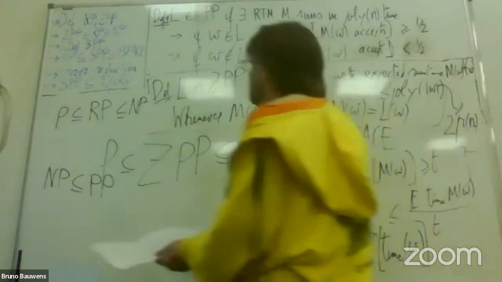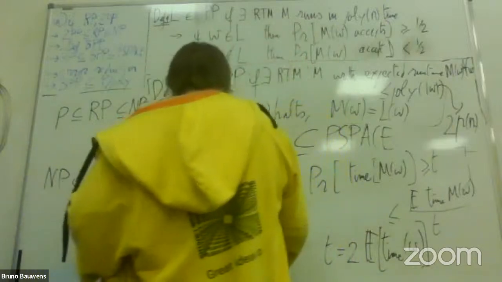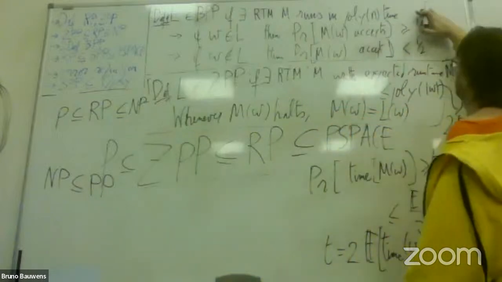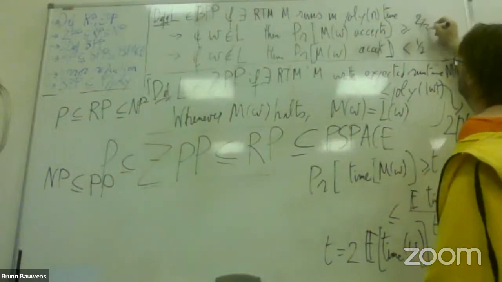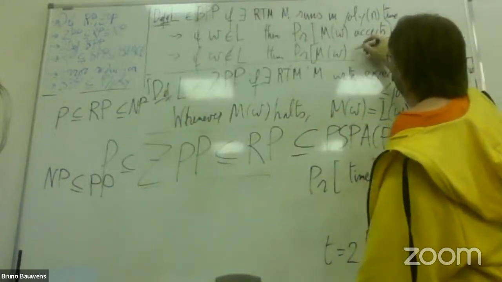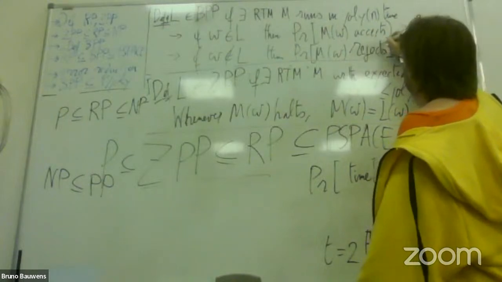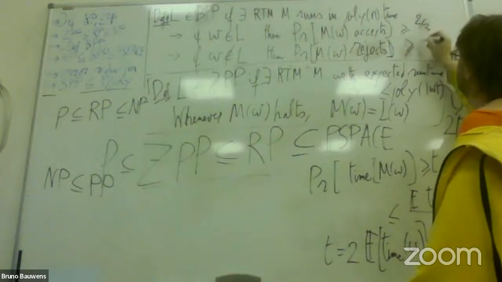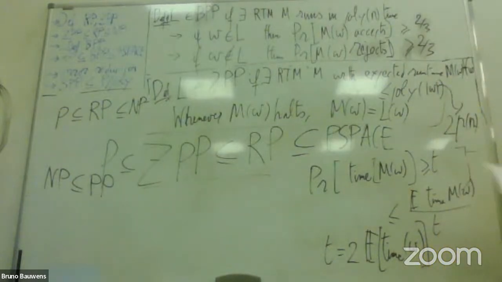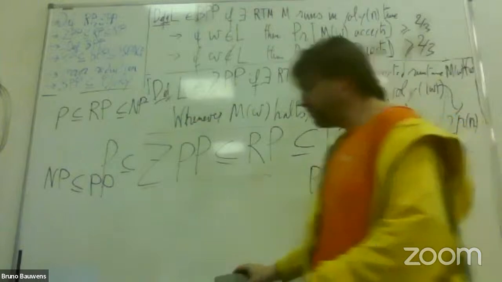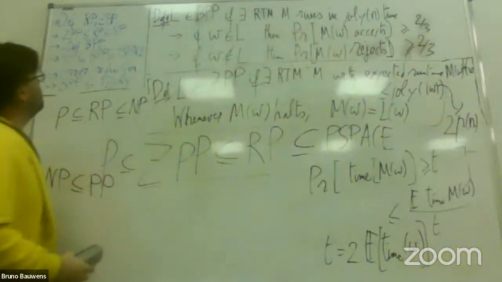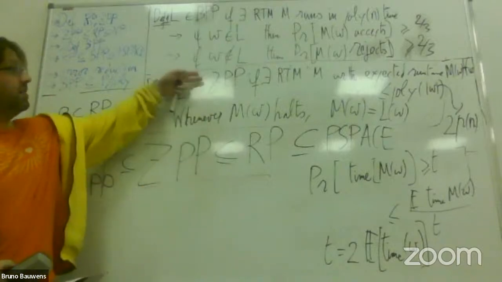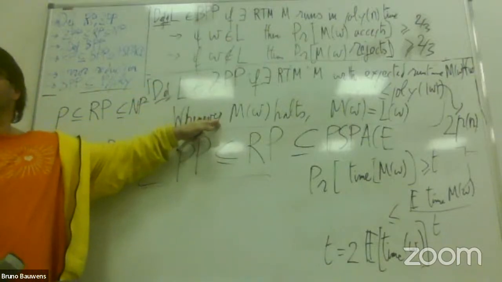Okay, sorry, but you don't need to remember PP, so let's go back to BPP and put back 2/3. Now let us ask the same question. We can again have a definition with certificates.